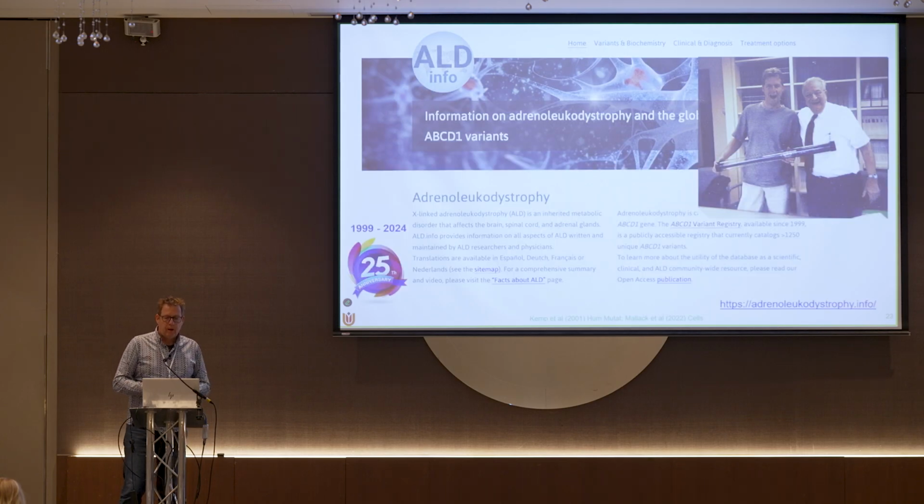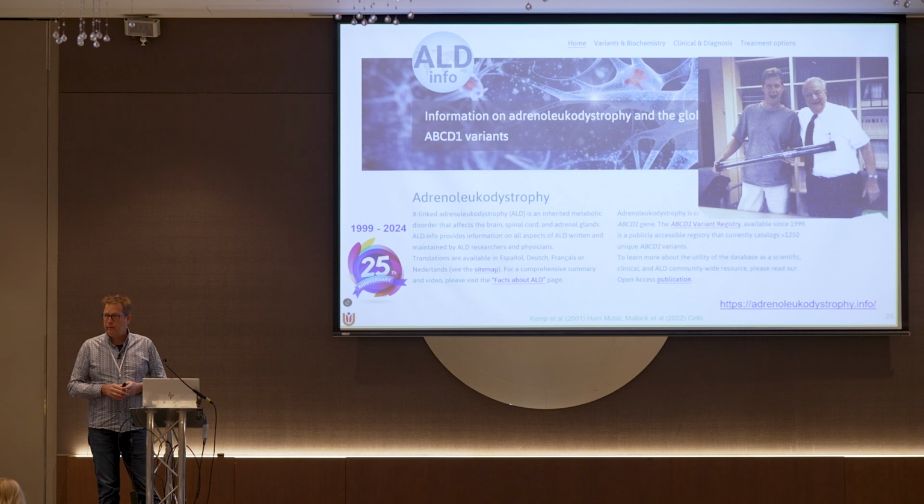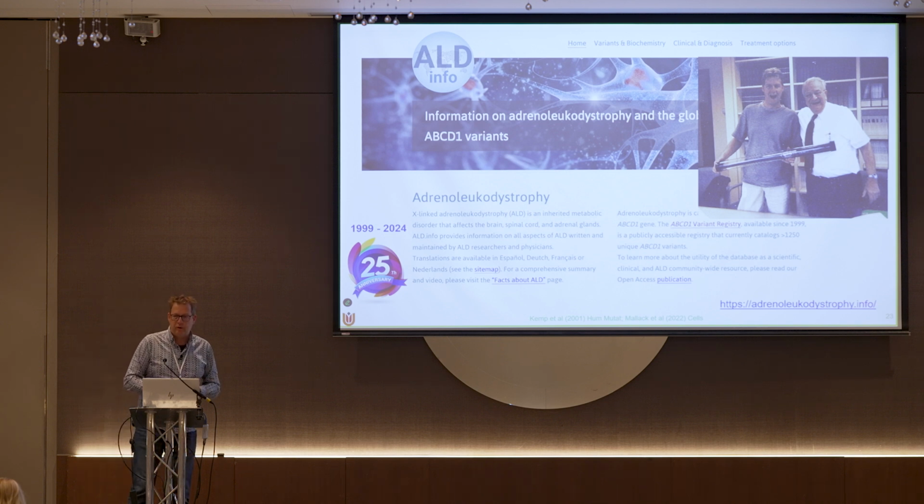And last year, I realized that the database had already been out there for 25 years. So that was a reason for a little celebration. And this is actually a photo of Hugo Moser and me, a little younger, at Kennedy Krieger, where we decided to start this database.